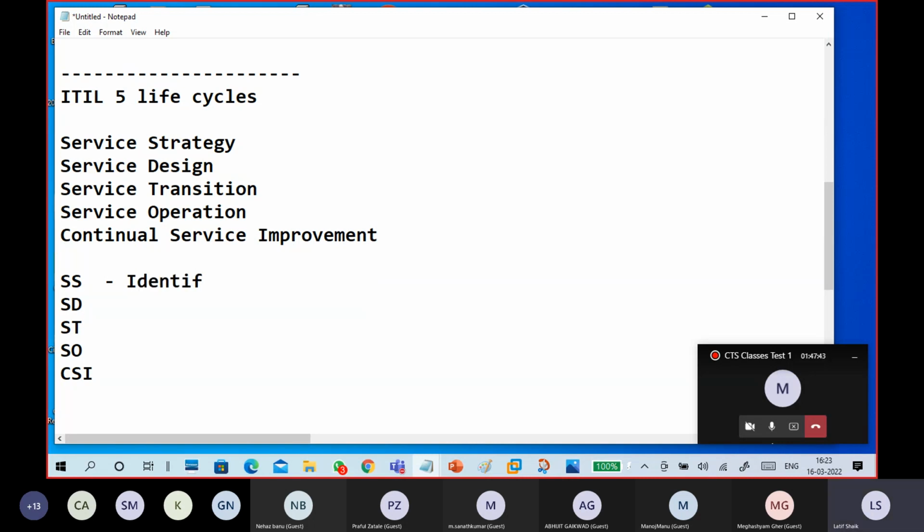What is service strategy? The main aim of service strategy is identifying and planning the business or a service. IT is a service, IT is a business. Next, service design is involved in designing the service, how to give the service.